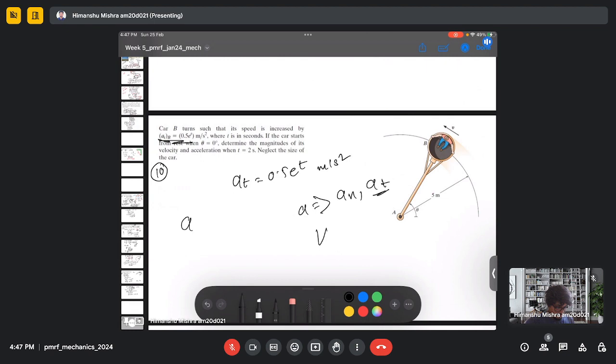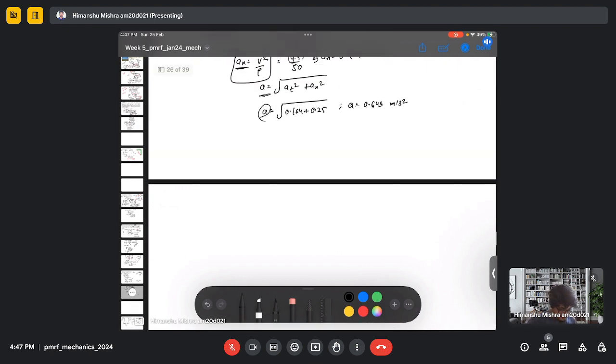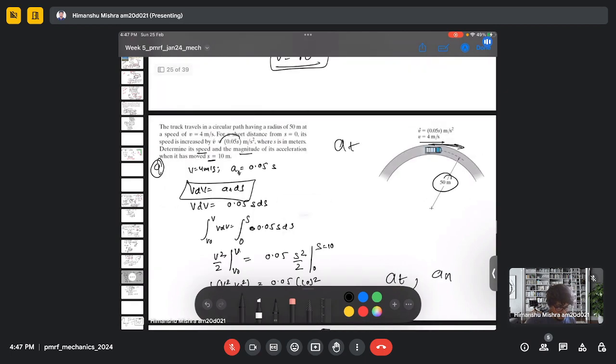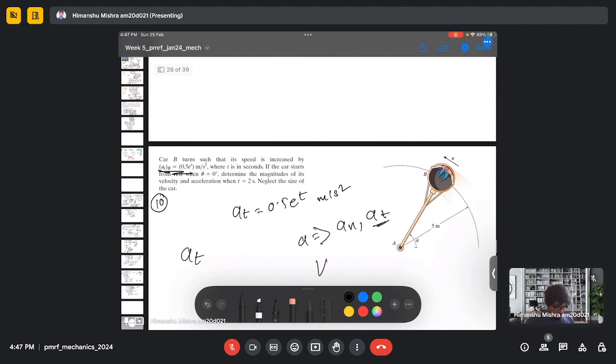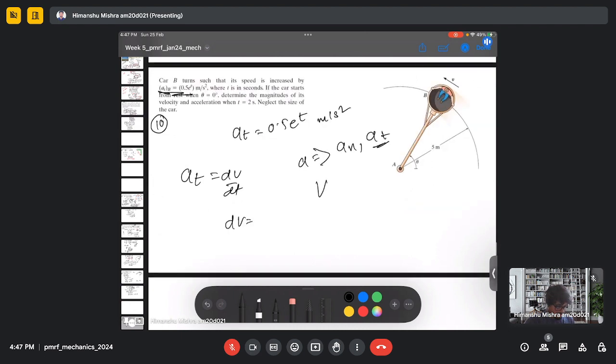Since you have been given the acceleration here, earlier the acceleration was given in terms of the distance s, but now it is given in terms of time. So you can use dv by dt, then dv equals a dt, and then integrate it to calculate v, and then you can calculate v at time equal to 2 seconds.